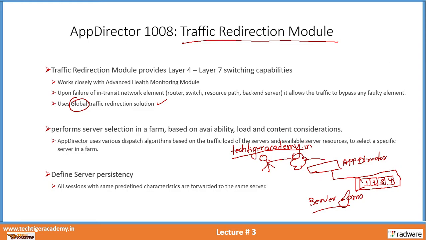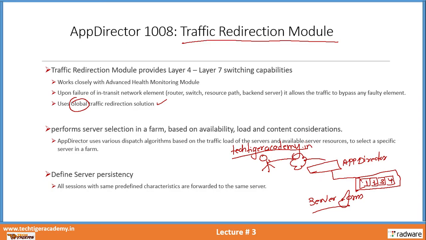You may come across a scenario where some of your servers are much more powerful than others. Then you do not want to go with round robin. You would set a specific ratio, or maybe some other load balancing algorithm, such as least weightage, least connection, dynamic ratio, something like that.